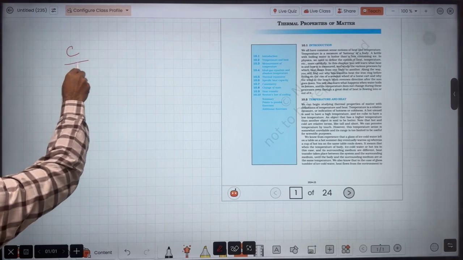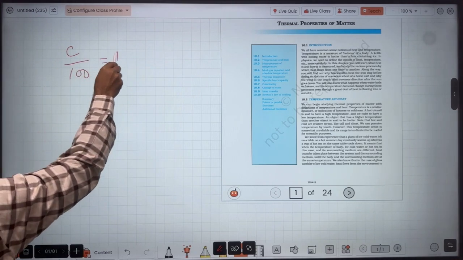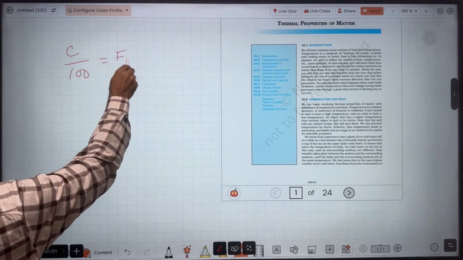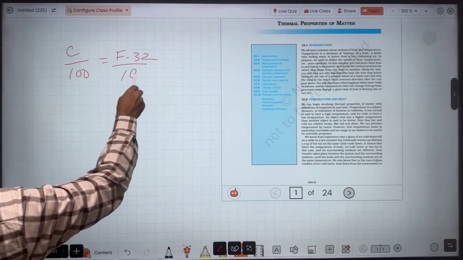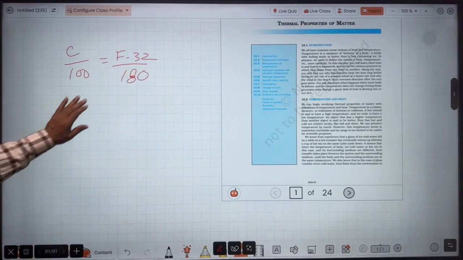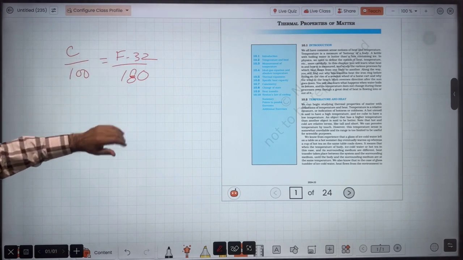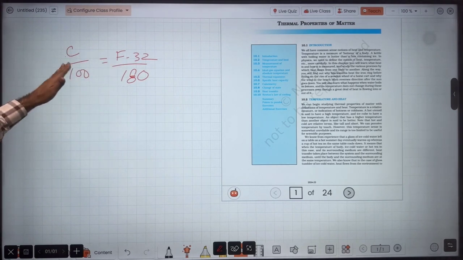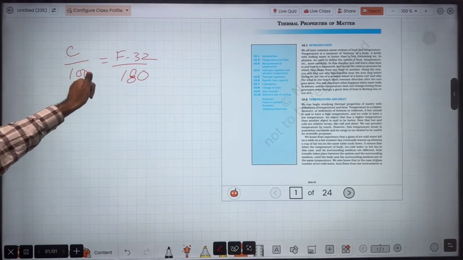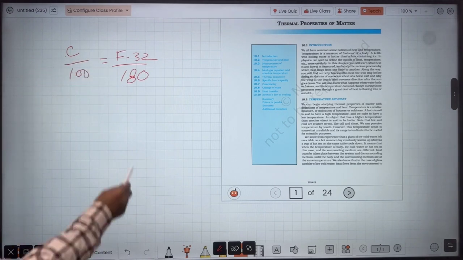So what you have seen, C upon 100 equal to F minus 32 upon 180, right? Now the reverse case, suppose you want to convert degree centigrade into F. Either you can put the direct value and cross multiply, or if you want a simplified formula, you can do that also.